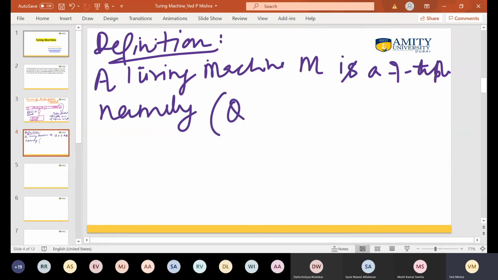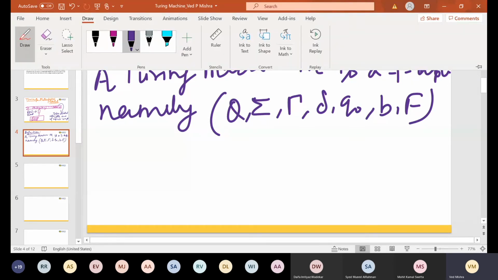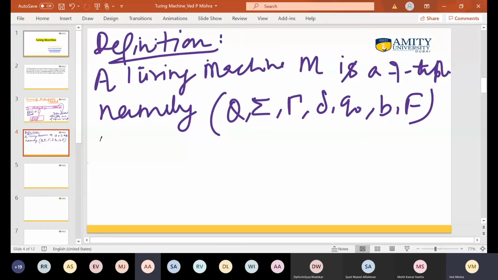Namely Q, sigma, delta, Q0, B and F. Now in this, you know about capital Q. What is capital Q? A finite non-empty set of states, that you know.